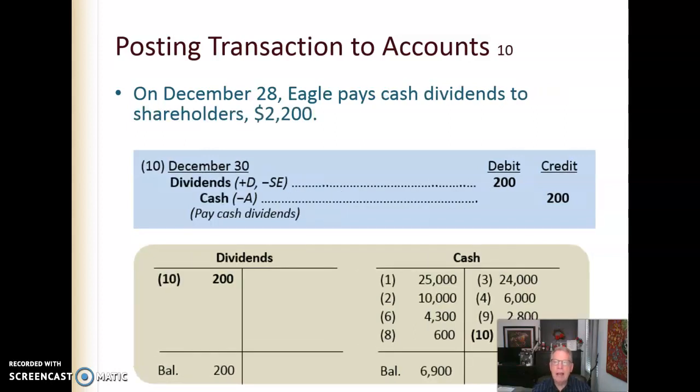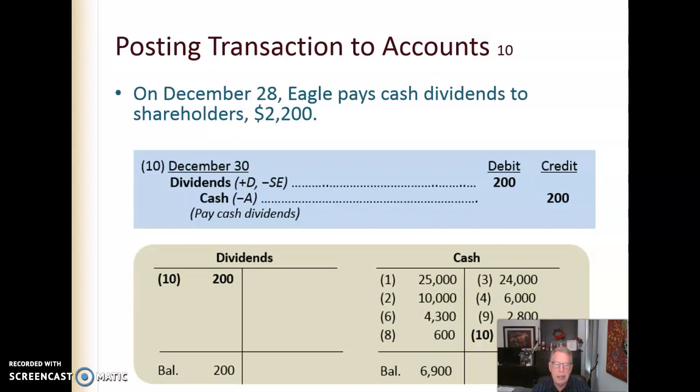Now we're going to pay cash dividends here of $2,200. So we are going to debit the dividends account and credit cash. Dividends lives on the right-hand side of the balance sheet in the statement of retained earnings. So by increasing dividends with a debit here, we are reducing stockholders' equity.